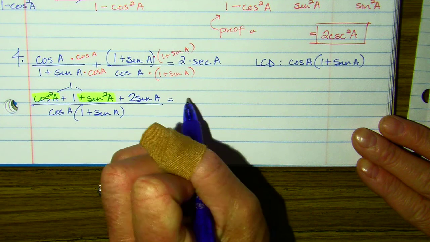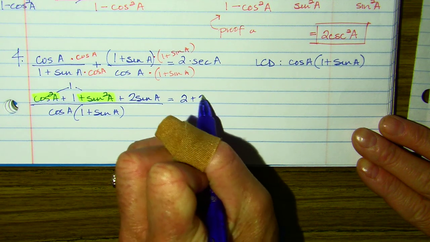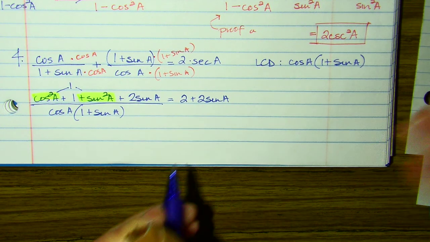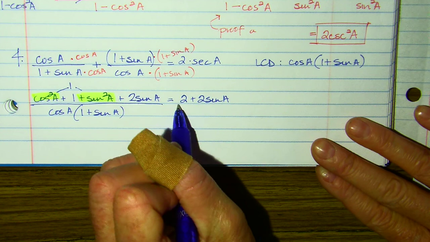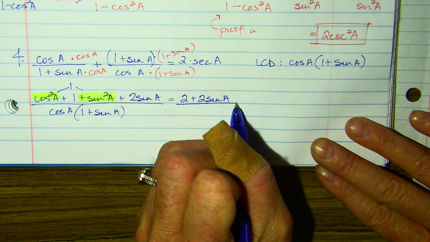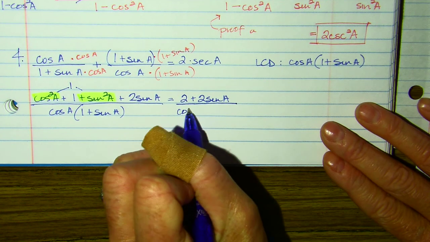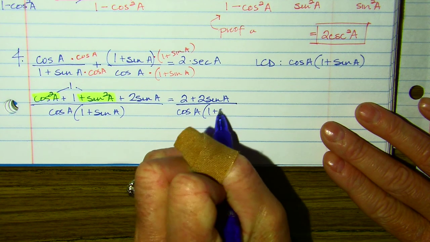So 1 plus 1, I now have 2 plus 2 sine A over cosine A and 1 plus sine A.